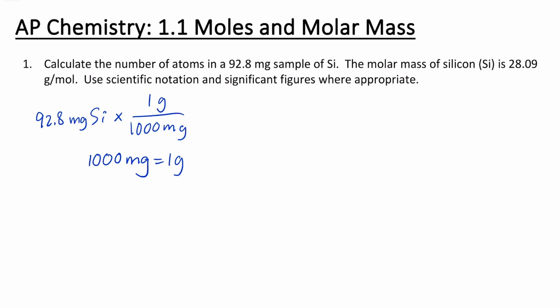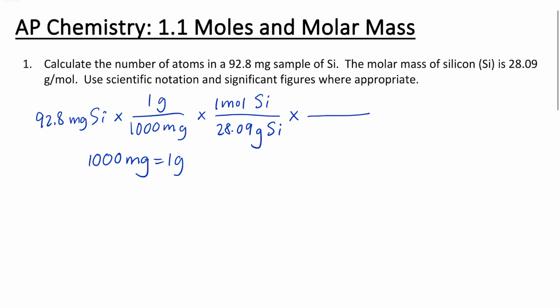Then from 1 gram, we can use our molar mass, so 28.09 grams of silicon over 1 mole of silicon. And then we can use Avogadro's number, which relates moles to atoms.